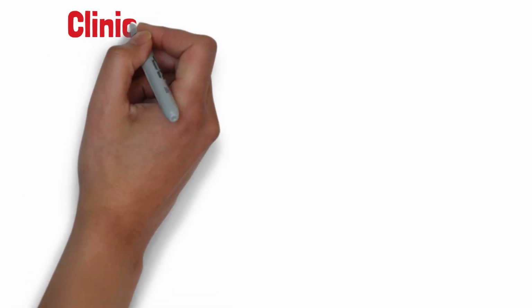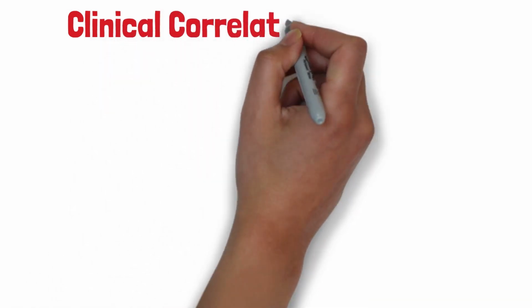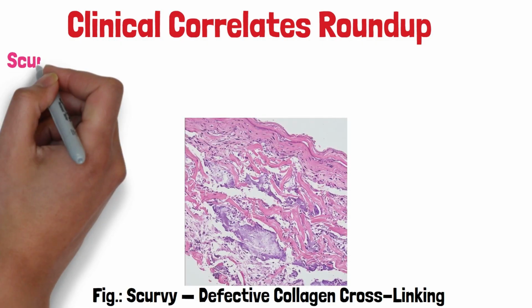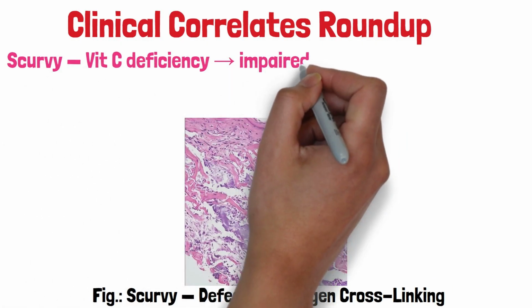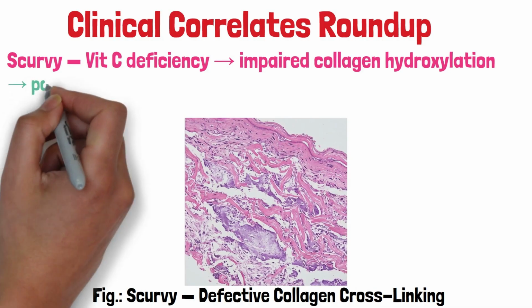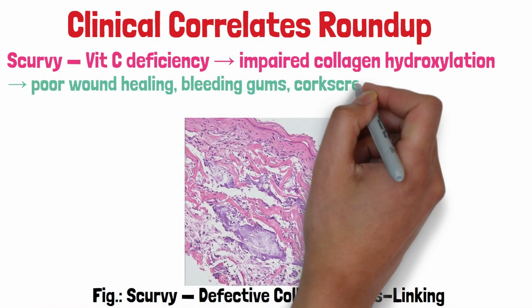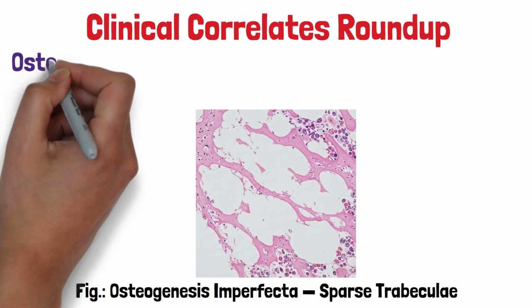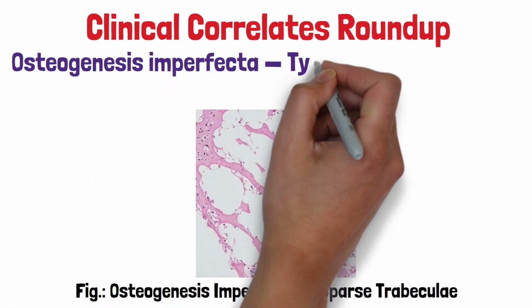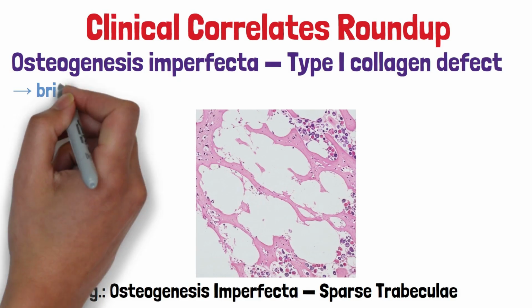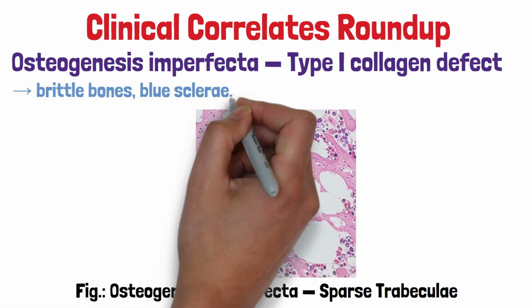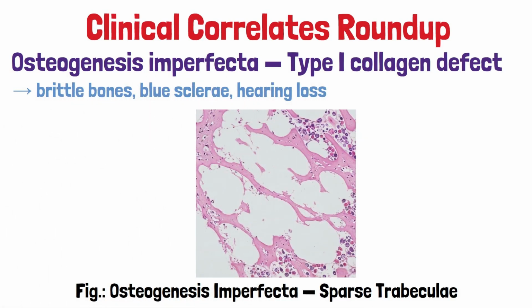Let's round up every clinical correlate from these notes, starting with the collagen and cartilage disorders. Scurvy: vitamin C deficiency impairs collagen hydroxylation, which is why you get poor wound healing, bleeding gums, and corkscrew hairs. Osteogenesis imperfecta, a type 1 collagen defect, giving you brittle bones, blue sclerae, and hearing loss.